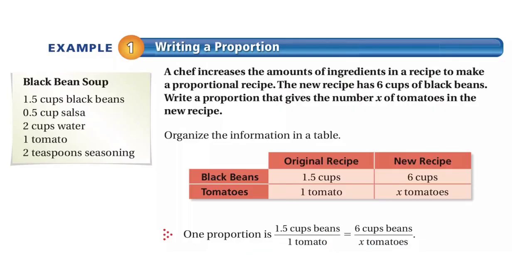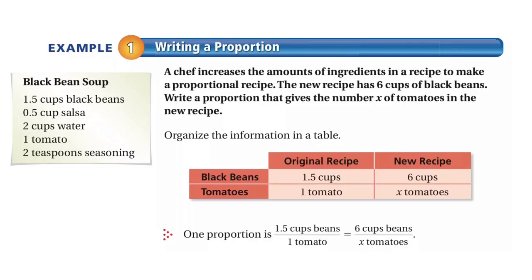In example 1 here, writing proportions, it says a chef increases the amount of ingredients in a recipe to make a proportional recipe. The new recipe has 6 cups of black beans. Write a proportion that gives the number X of tomatoes in the new recipe. So you take the original recipe, 1.5 cups per 1 tomato, and you put in the new recipe amount, 6 cups per X tomatoes.